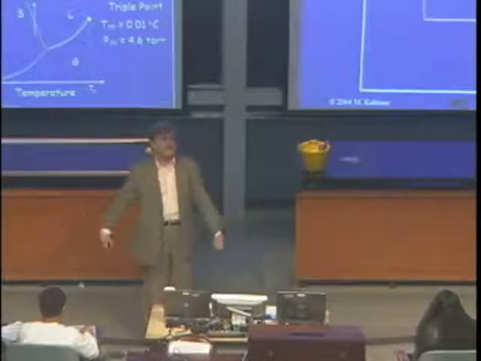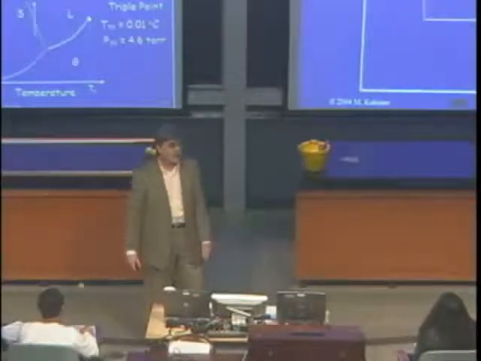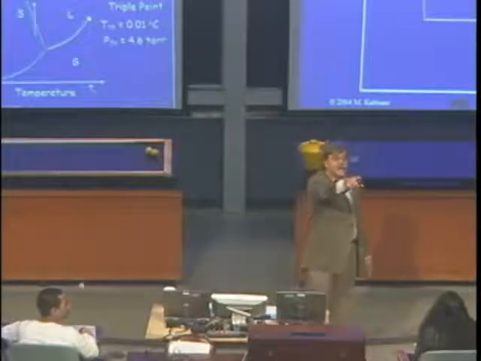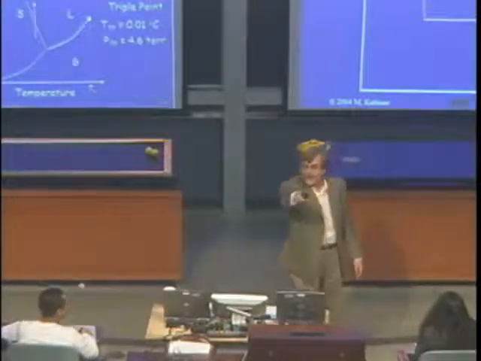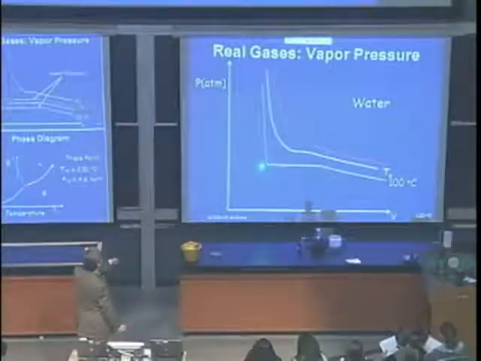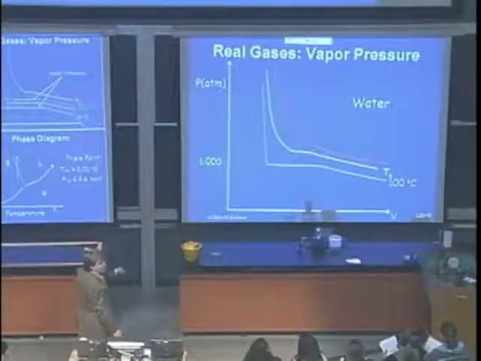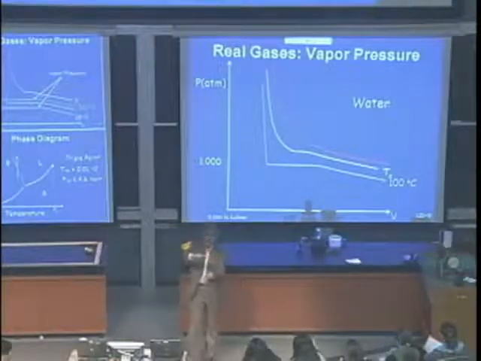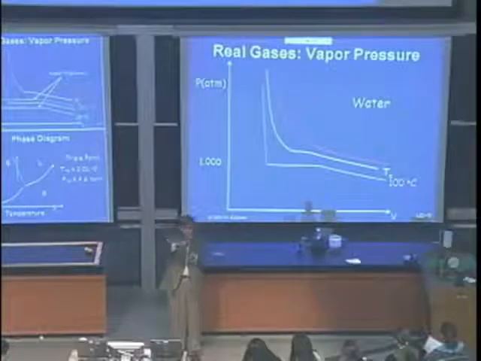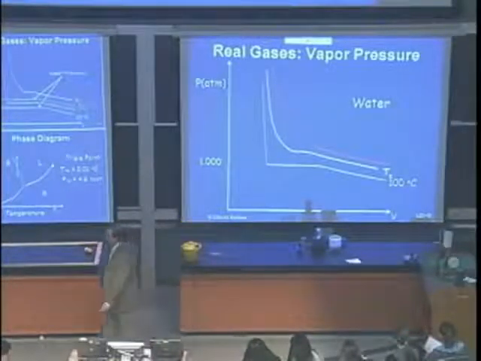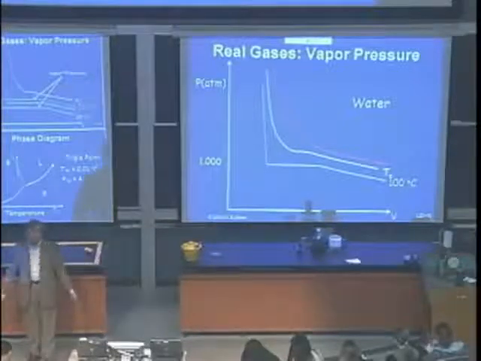What's the outside pressure? 1 atm. Good, you remind me, I need to get some money. 1 atmosphere, okay? And this would be at 100 degrees, 1 atmosphere. And so that means that the water is in equilibrium with its gas, and the partial pressure above the water is 1 atmosphere of water gas, of steam.